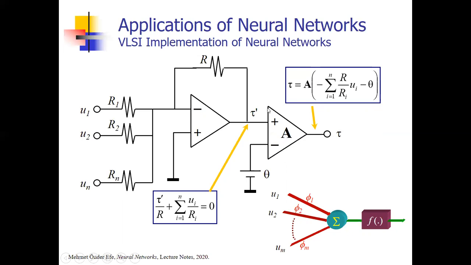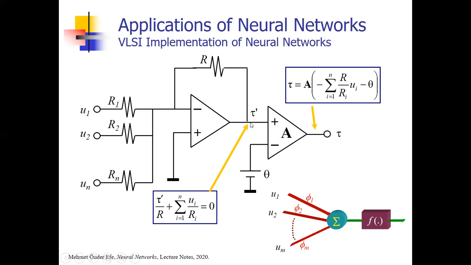This operational amplifier produces plus 12 volts or minus 12 volts if you are supplying it with 12 volts, plus VCC or minus VCC. So this is the threshold. There is a voltage source. If this output is above this theta, then it is plus VCC. If this output is below this theta, then it is equal to minus VCC.